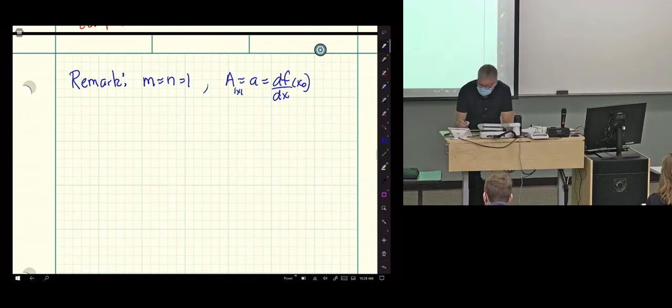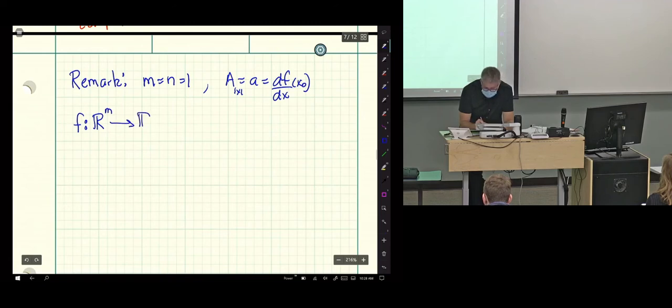Okay, so once again, we have f, and I'm going to just do n equals 1 to start with. Then we'll generalize that side too, okay?